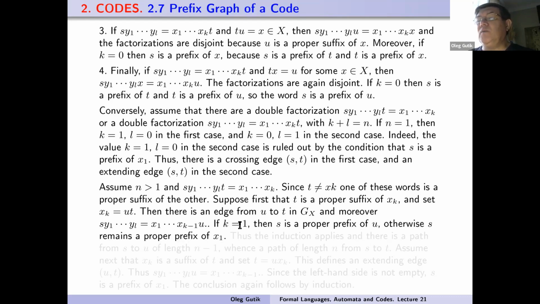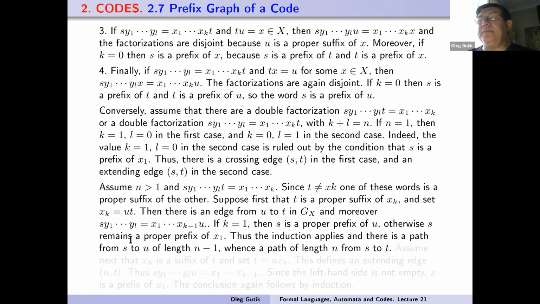If k is equal to 1, then the word s is a proper prefix of the word u. Otherwise, the word s remains a proper prefix of the word x1. Thus, the induction applies, and there exists a path from s to u of length n minus 1, hence a path of length n from s to t.